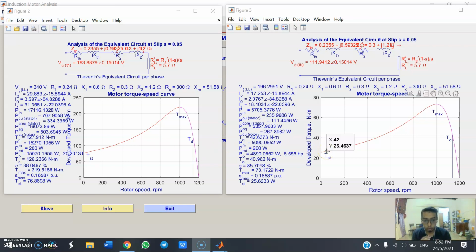But for the lower starting torque, it will become more efficient because it needs only a little induced motor to work. Varying the supply voltage has its own disadvantage, which is that it will cause large speed regulation. So that's all for my explanation about my individual assignment. So thank you.